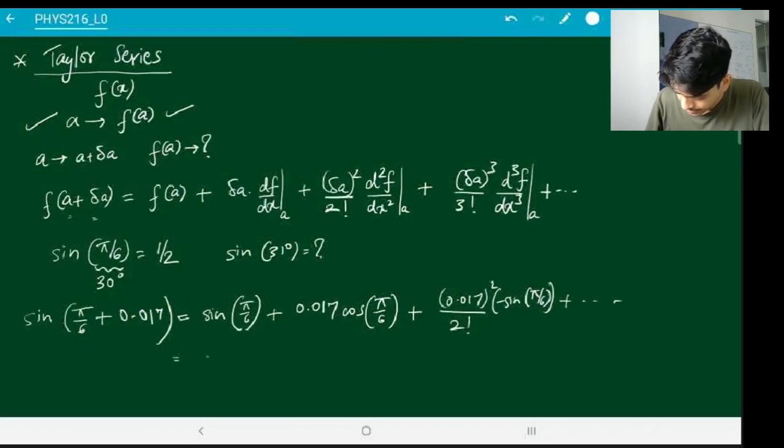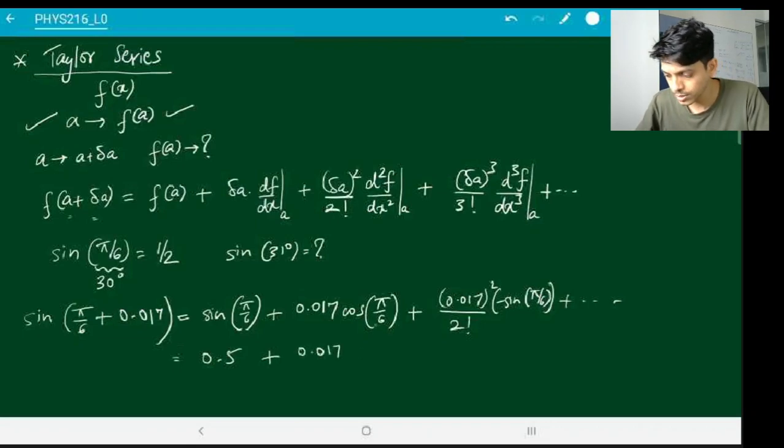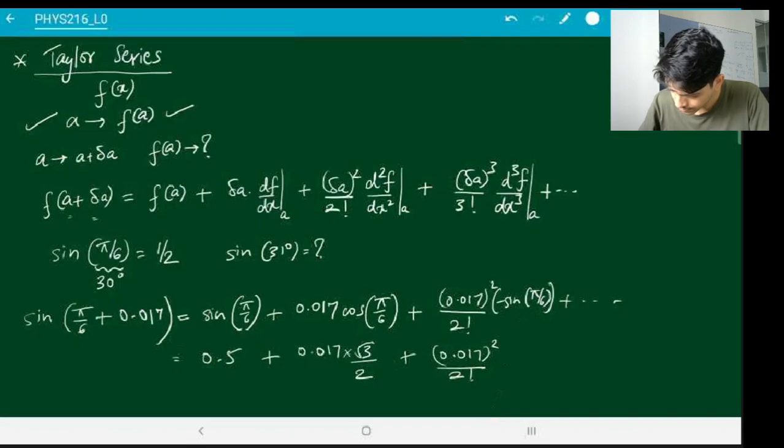You know that sine pi by 6 is half. This is 0.017. Cosine pi by 6 is, I think, root 3 by 2, because sine 60 is root 3 by 2, plus this thing square, and the negative of sine pi by 6 is minus half, and so on.